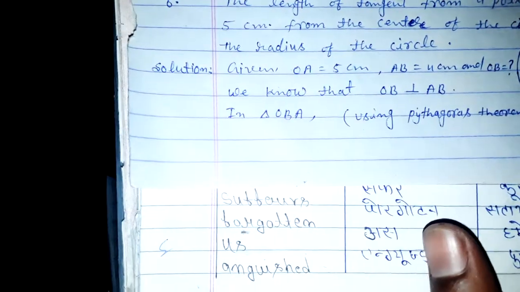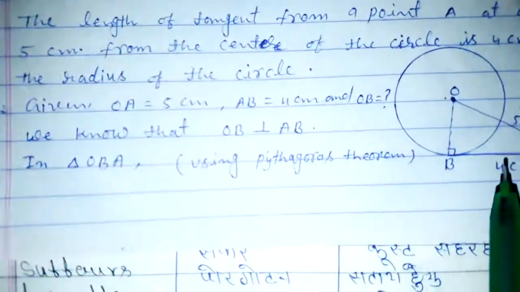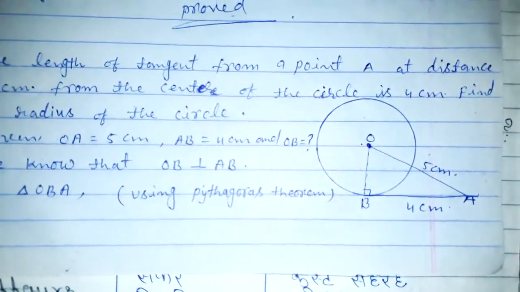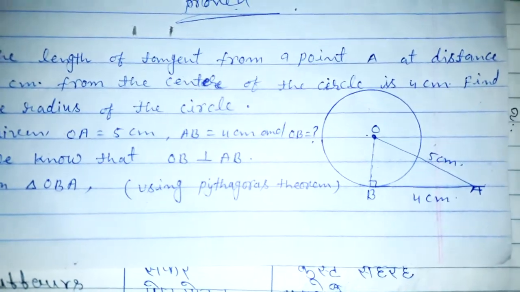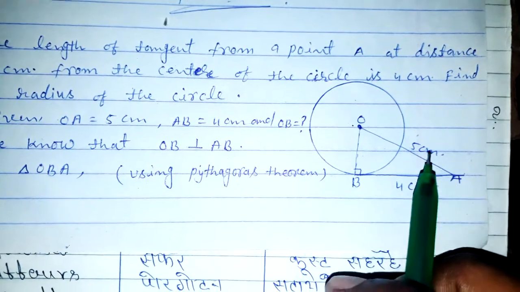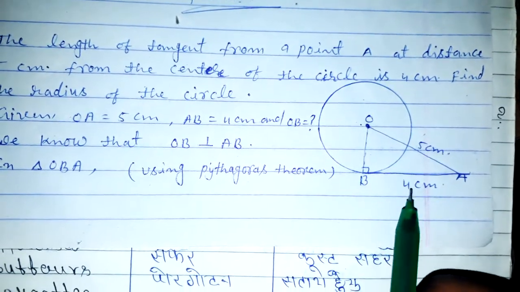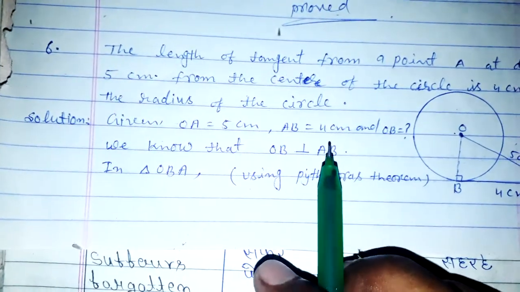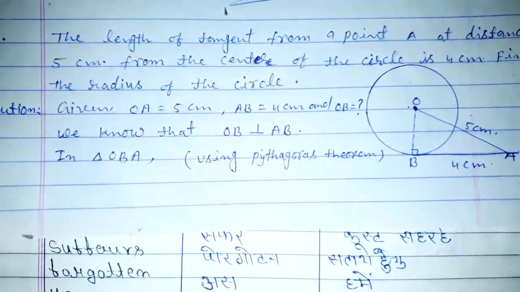Find the radius of the circle. So here we draw the figure with the given conditions. OA is 5 cm, AB is 4 cm. We will find OB.